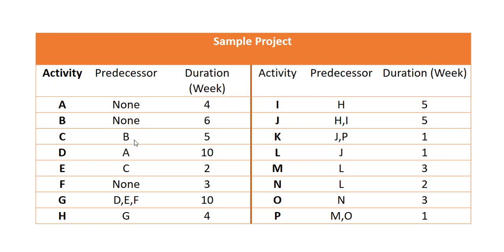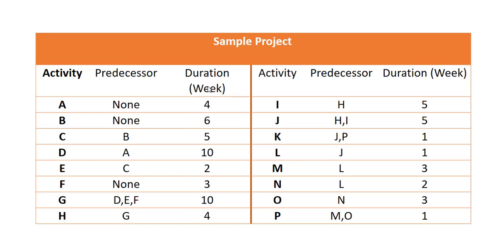So until and unless you complete preparation of the wall surface, you cannot start painting the wall. That means activity C, that is painting, depends upon activity B, that is surface preparation. The respective days or duration required to complete every activity are also given here.